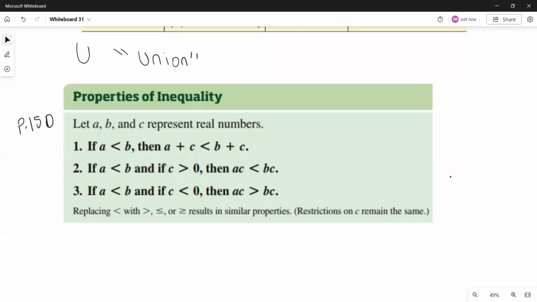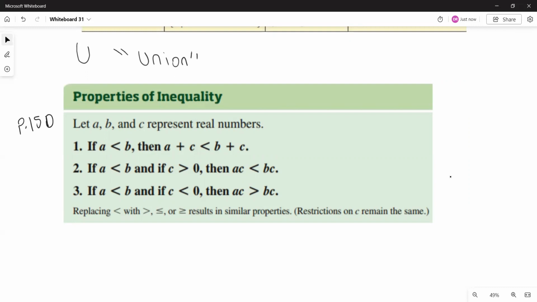Let's suppose that you have three real numbers, a, b, and c. So if a is less than b, then adding the same number to both sides of the inequality is not going to change the inequality. If a is less than b, and you multiply by something positive, then the inequality is preserved.